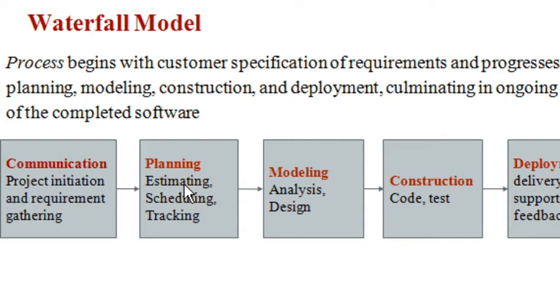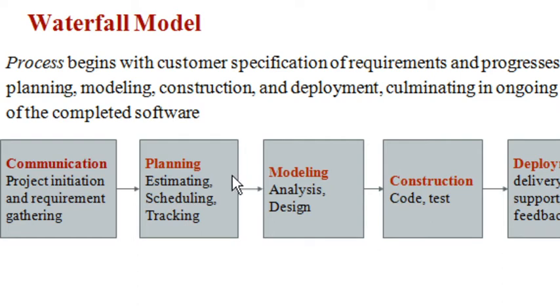In planning, certain things are estimated. That is, what will be the total cost incurred for the development of software, what is the time duration required to complete the software development, how we are going to keep track of the software development activities, and what technology we are going to use for the development of software.